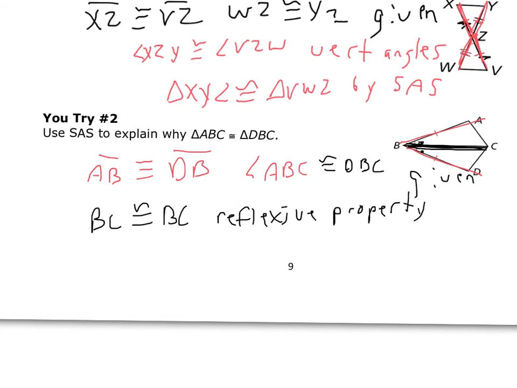Okay, so since you have all three of your qualifications, we can go ahead and say that triangle ABC is congruent to triangle DBC by SAS. Hey, I know I've thrown a lot of information at you. If you need to take a little break and refresh yourself, that's more than fine.